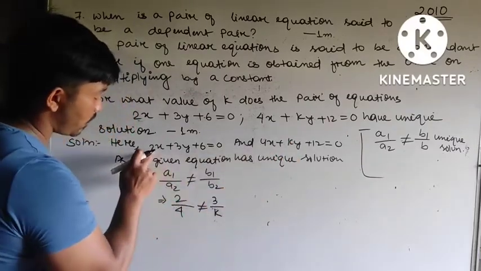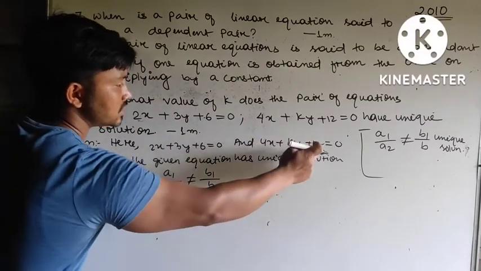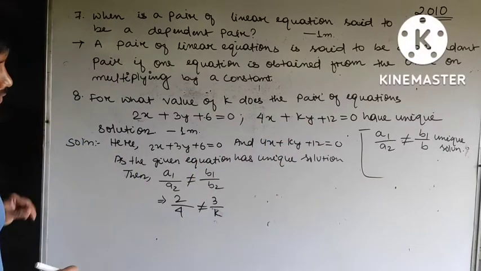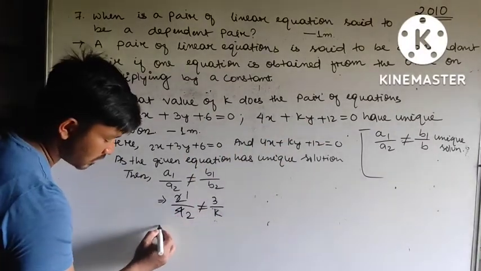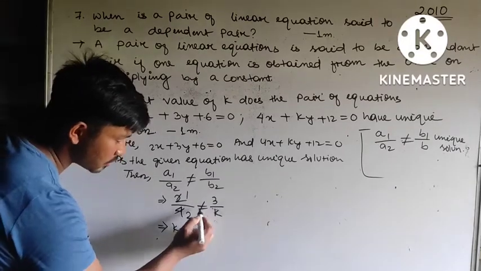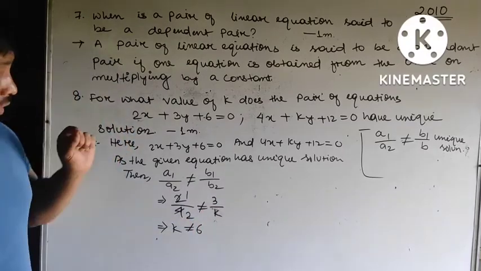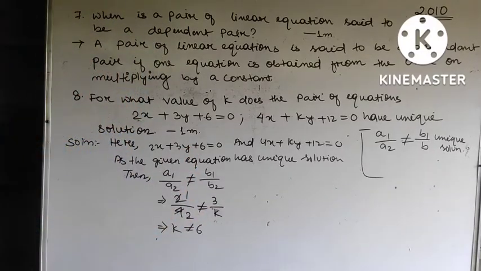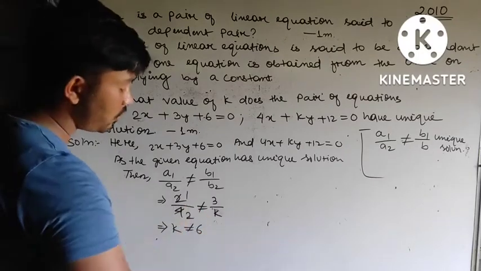So a1, b1, c1, a2, b2, c2, right? Let's see what we get. 2 by 4 not equal to 3 by k. Now cross multiplication: k into 2 is not equal to 4 into 3, so k is not equal to 6. So for this equation to have a unique solution, the value of k should not be equal to 6.